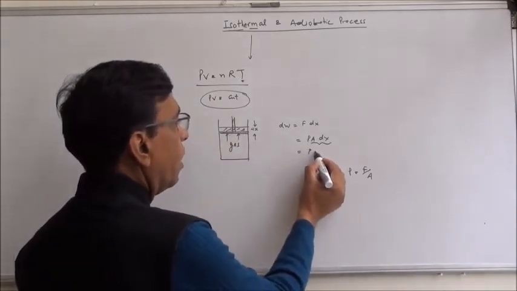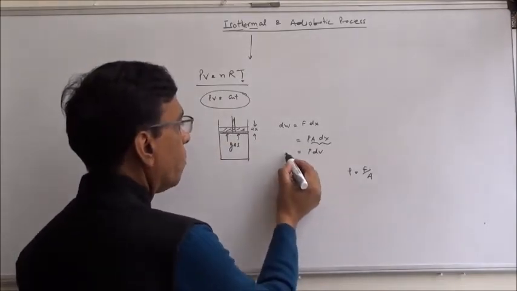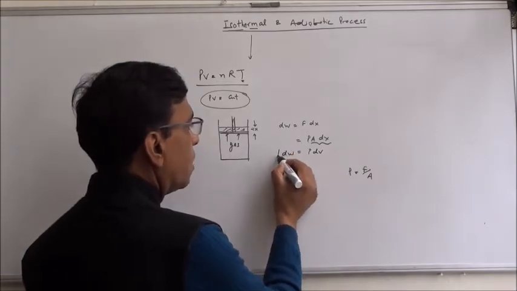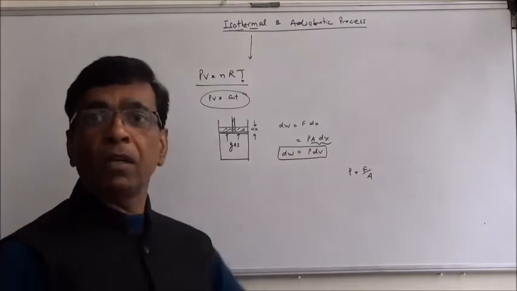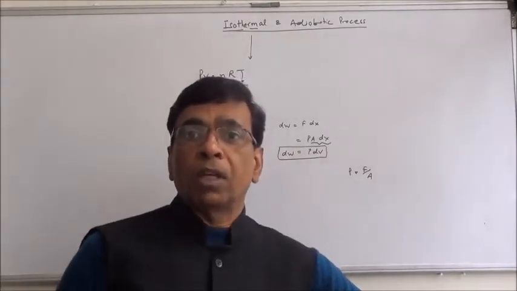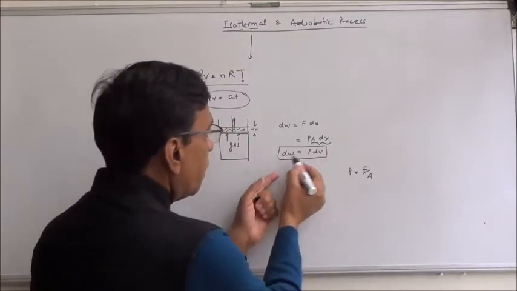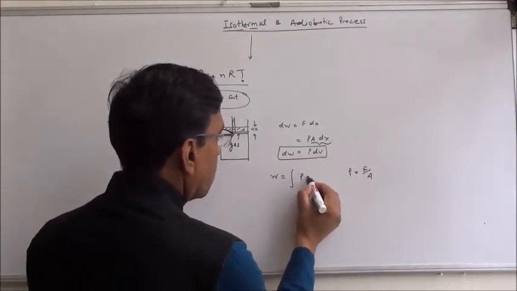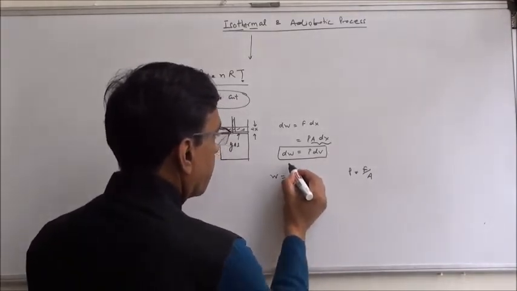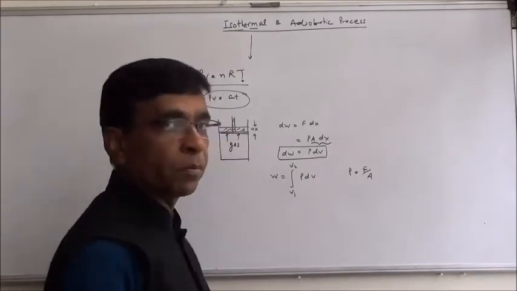So P and change in volume. So this is the general expression that I will be using whenever we have to calculate the work done by a thermodynamic system. This is for a very small change. For larger changes we need to integrate this from V1 to V2.